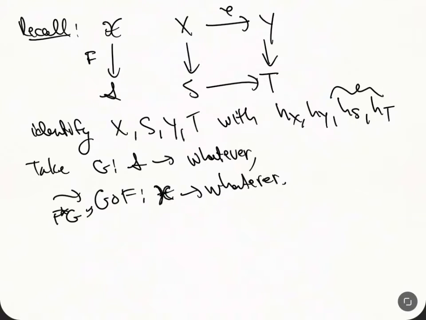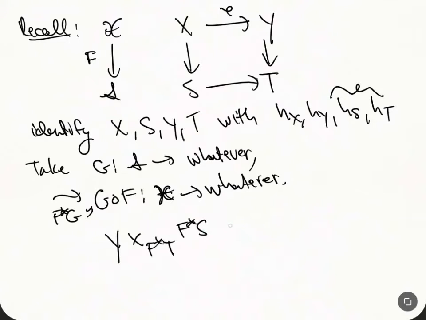So this is an X. And now it makes sense to ask the following. Okay, so if we're using this identification here, well, we can take Y and we can base change it by pulling back T and pulling back S here.